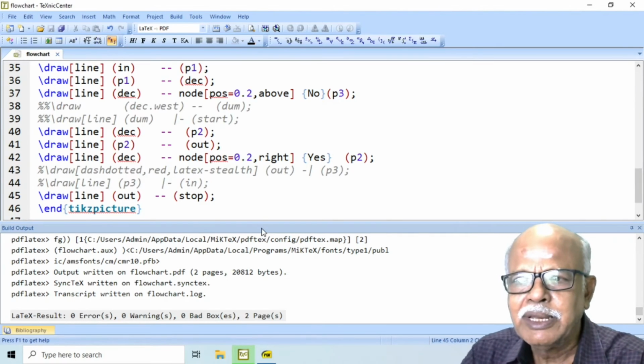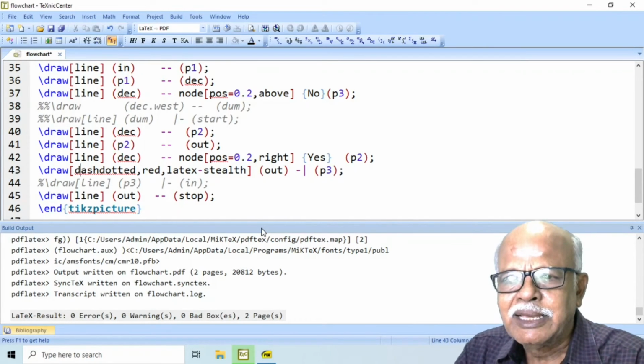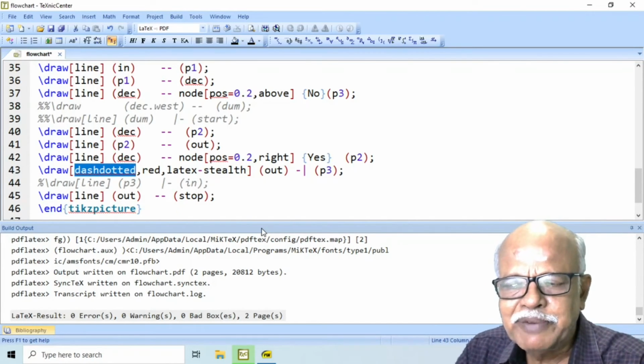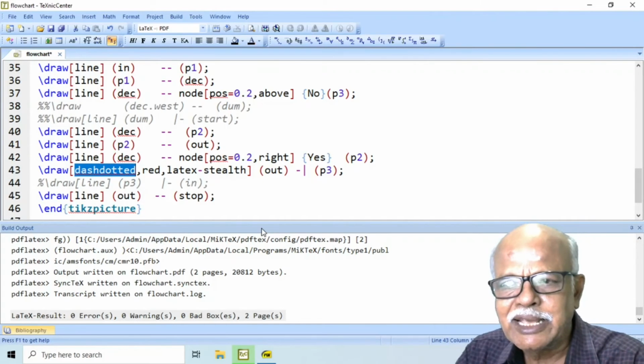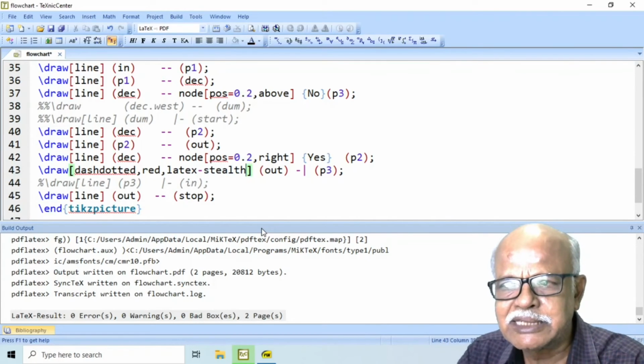Now let us consider this. I am not using the predefined style line here. I say dash dotted. This is red in color. Starting is with latex style and ending is with stealth style, and the line is rectangular.